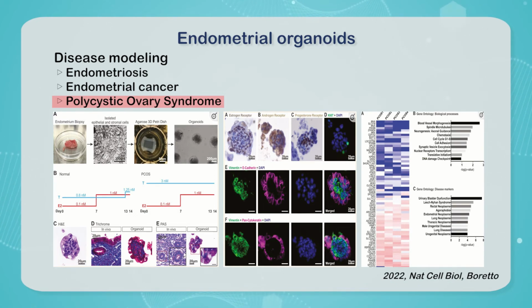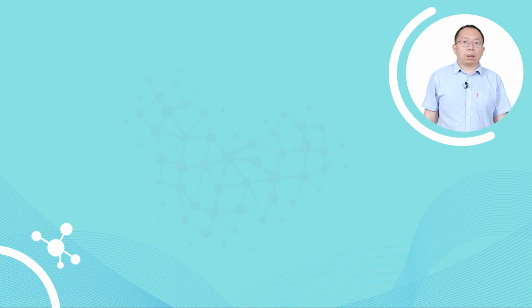Treatment with excess androgens, mimicking PCOS, increased cell proliferation and dysregulated genes associated with proliferation and migration in EMOs. By taking advantage of these scaffold-free endometrial organoids, they revealed a new mechanism of PCOS-associated risk of endometrial neoplasia.